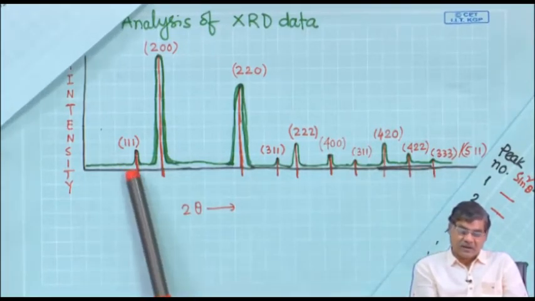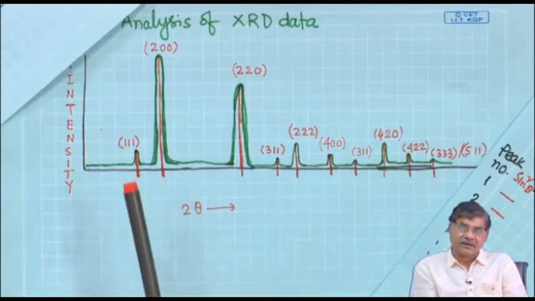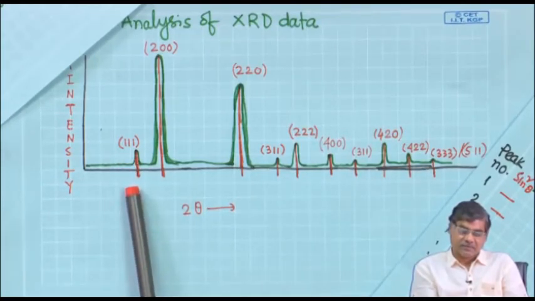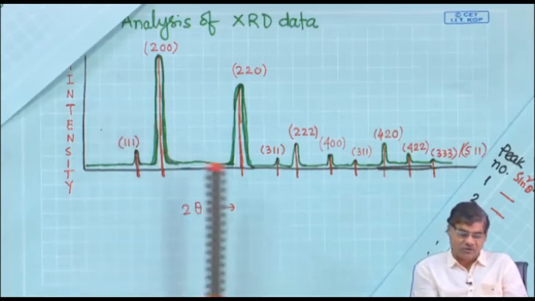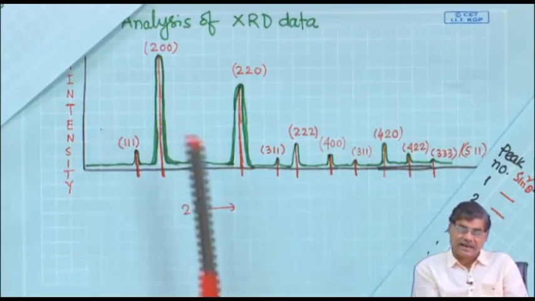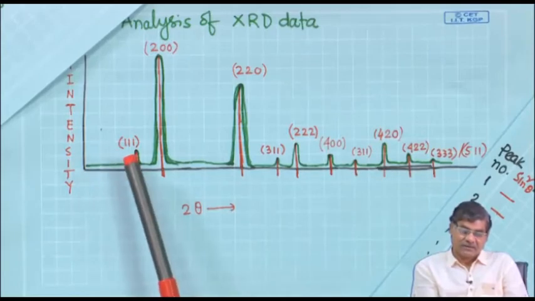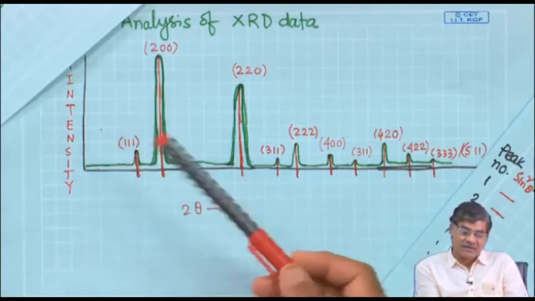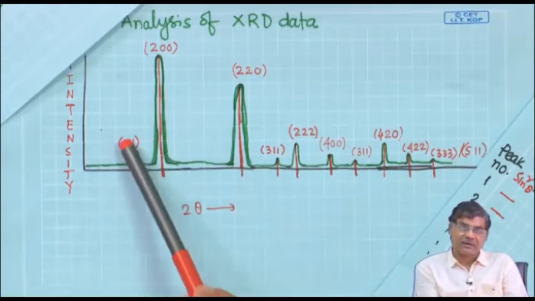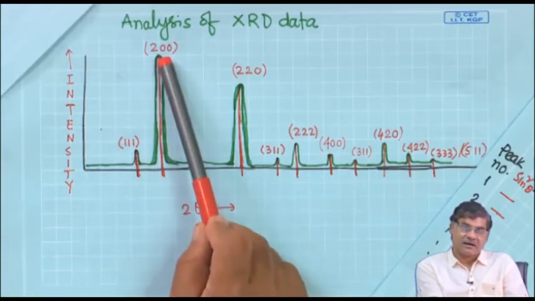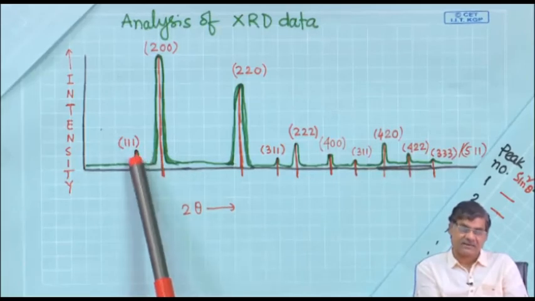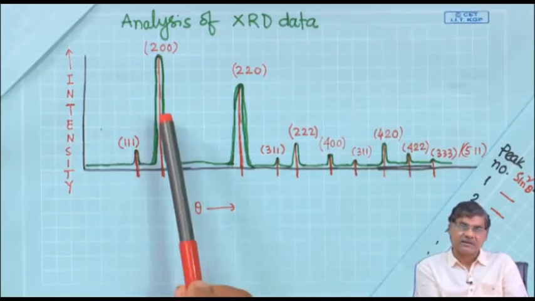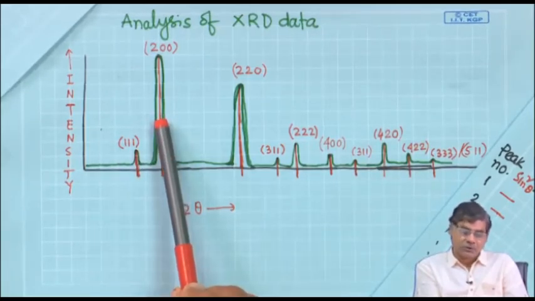When from sin square theta by S you are getting all these values constant, all these values the same, then from that S itself you can tell what the plane is. This peak is from the 1 1 1 plane, this peak is from the 2 0 0 plane.